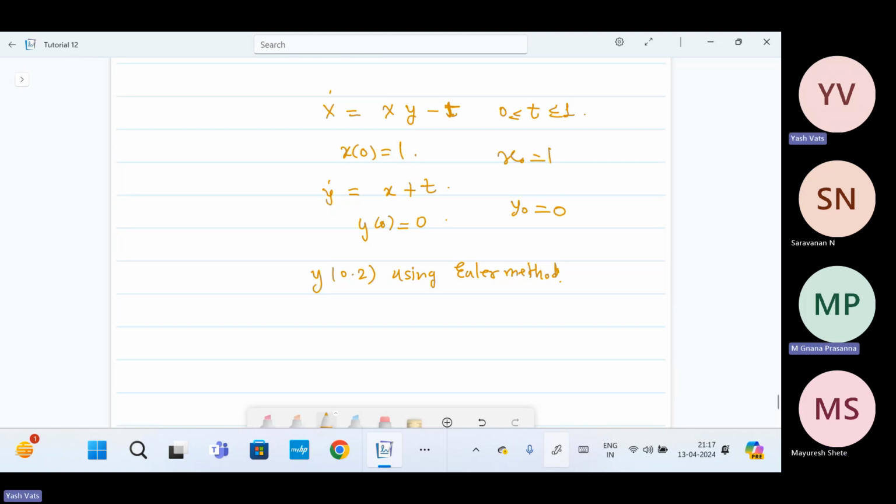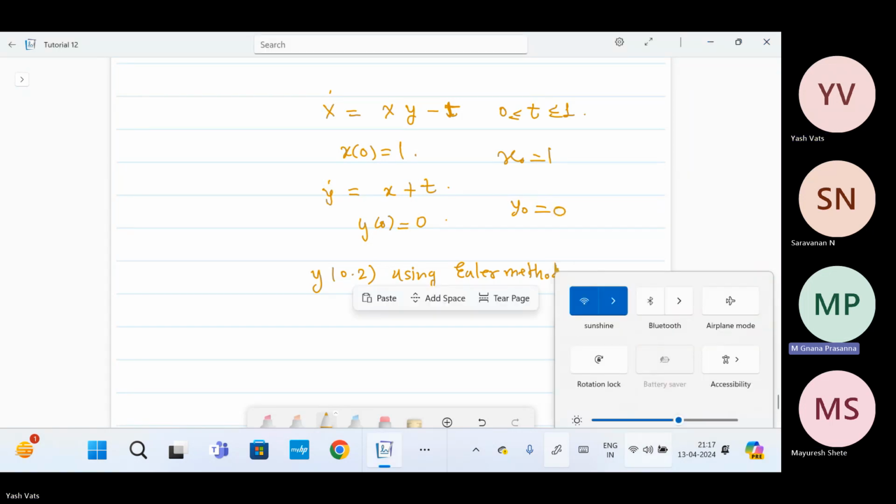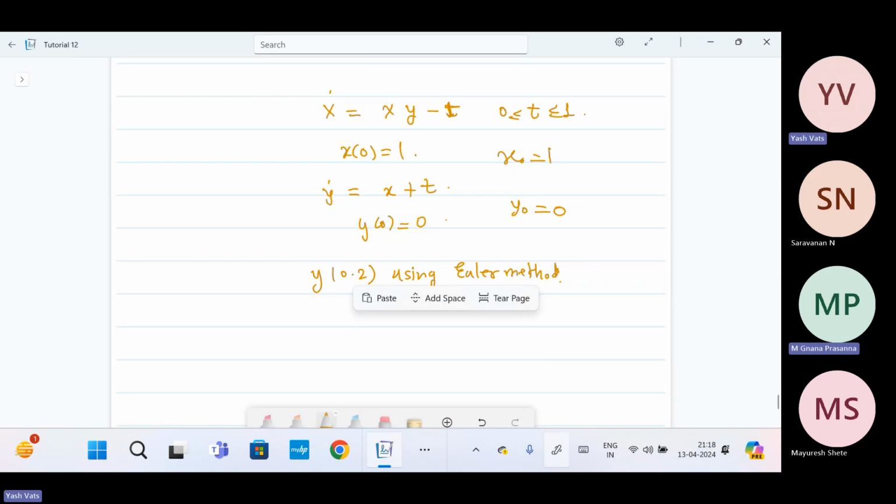Here the function f of x comma y is x plus t only, no, sir? Yes, f of x comma y is x plus t.